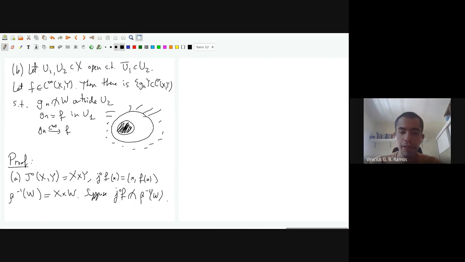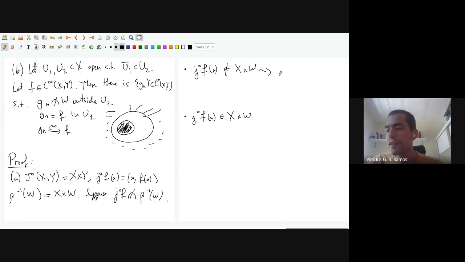So first of all, if this is transverse, then either J0f of x doesn't belong to this guy, or it does belong and you have the transversality condition. If it doesn't belong, that's equivalent to saying that f of x doesn't belong to W. So that means that f is transverse to W at x.